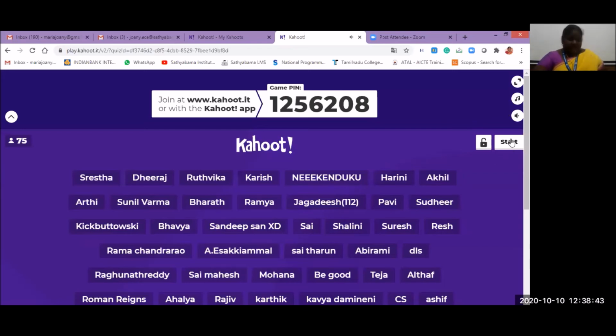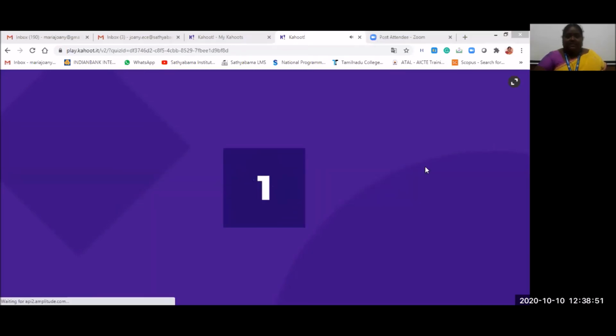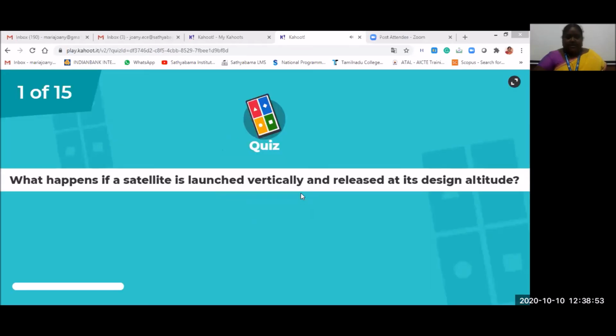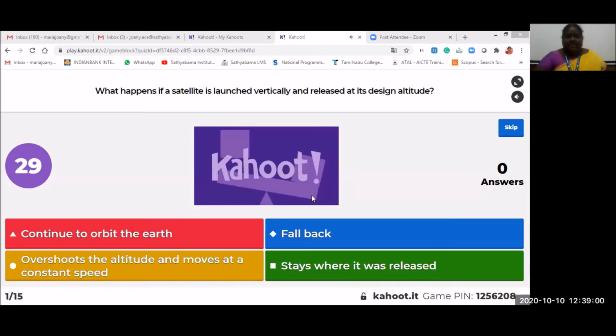Okay, we'll go ahead. We are wasting time. What happens if a satellite is launched vertically and released at its designed altitude? Time is up.